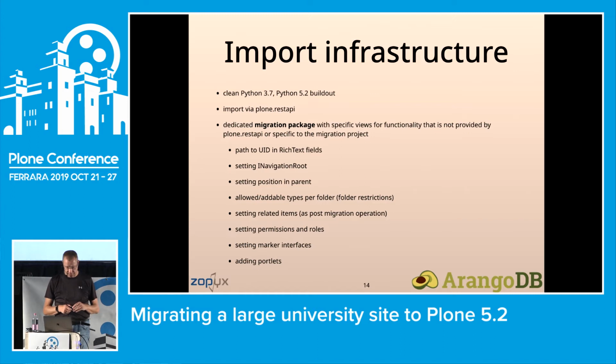For example, there is some special functionality for changing the paths in rich text fields to UIDs. This came from a recent project. Or for setting marker interfaces, we have some support for setting the folder restrictions, related items, permissions, and so on. So maybe some parts of this functionality are already in Plone REST API. It's basically just an addition to the functionality that we needed for migrating all the data and all configurations on the target system.